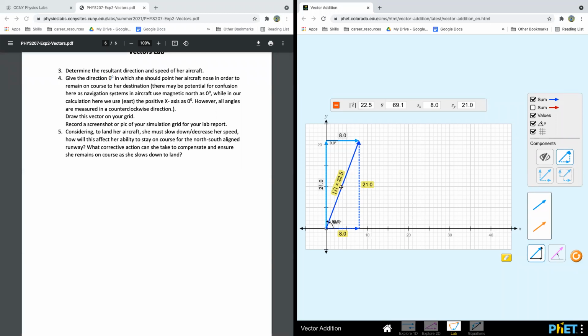If you feel it's very confusing, you can just move a little bit. So you know the speed is 22.5 with the angle 69.1 degrees due north, right? Then give the direction theta, which she should point her aircraft nose in order to remain on course to her destination.